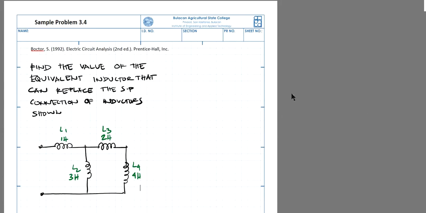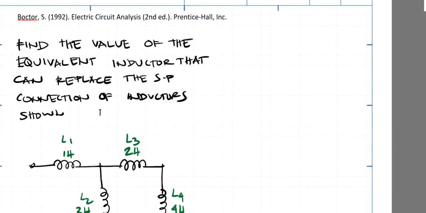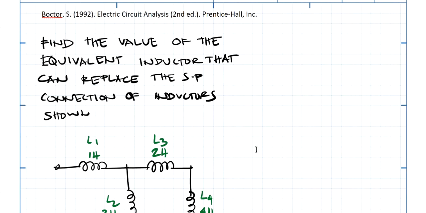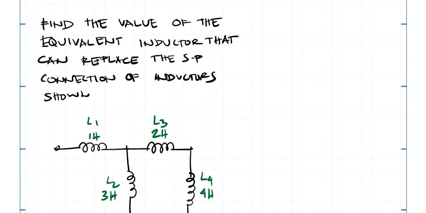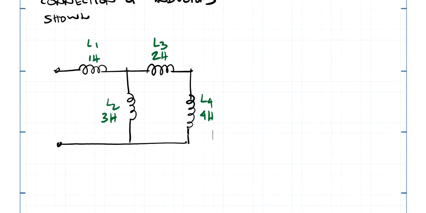Okay, so now let's go to our last sample problem for inductors connected in series and parallel. Here's our problem. It says: find the value of the equivalent inductor that can replace the series-parallel connection of inductors shown. So here it is, and we are going to find the equivalent inductance.